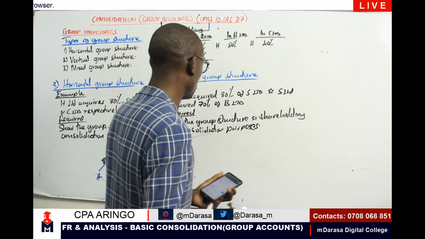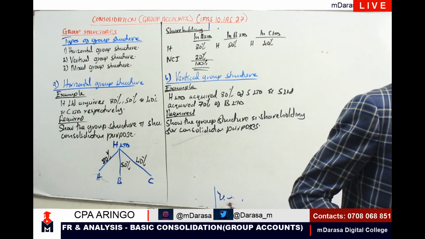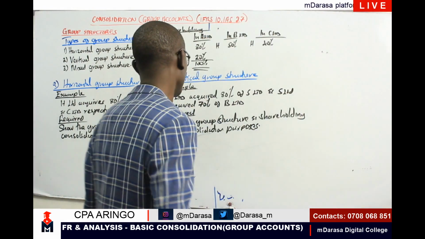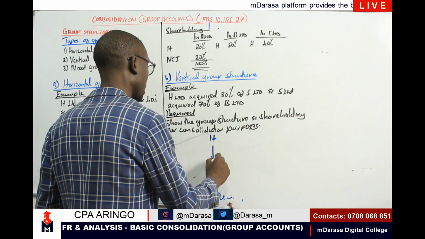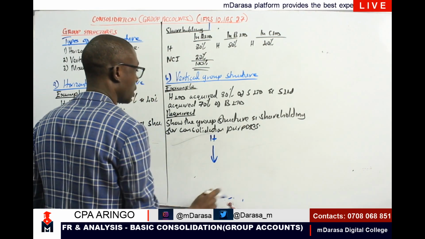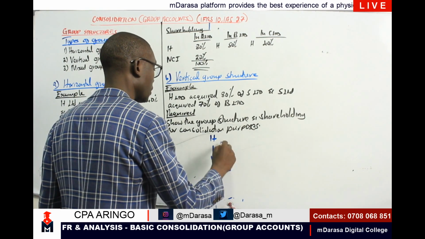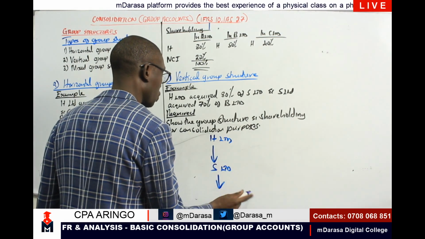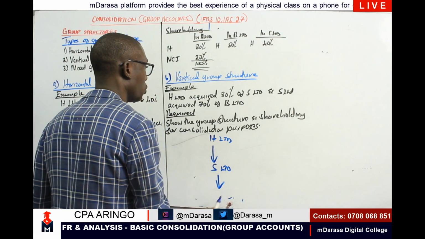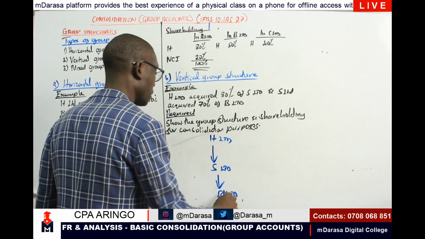So what will we be having? Now this is how our structure will look like, because I'm having H Limited, which is our holding company. In that case, we've acquired S Limited. And S Limited, you'll find that at this point, S Limited has acquired B Limited.